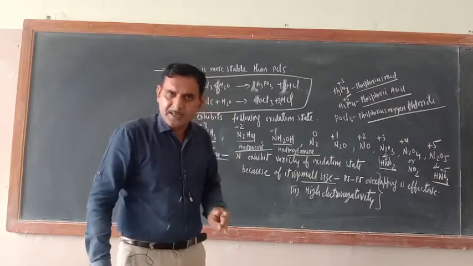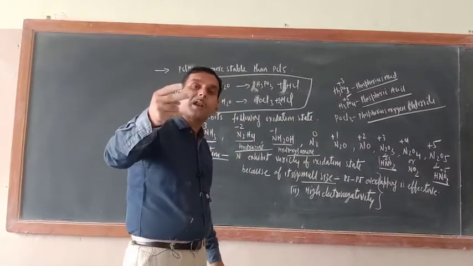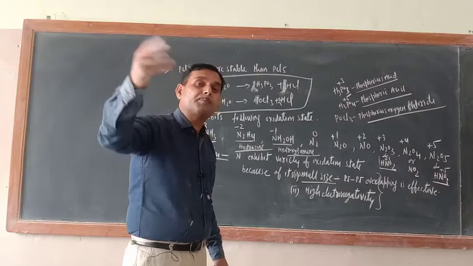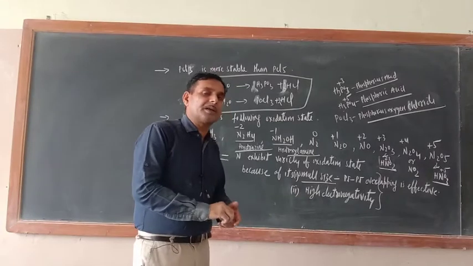And just remember, this small size only helps nitrogen to form p-pi bonding. Do you understand the meaning of p-pi? Last year only I told you what is the meaning of p-pi.